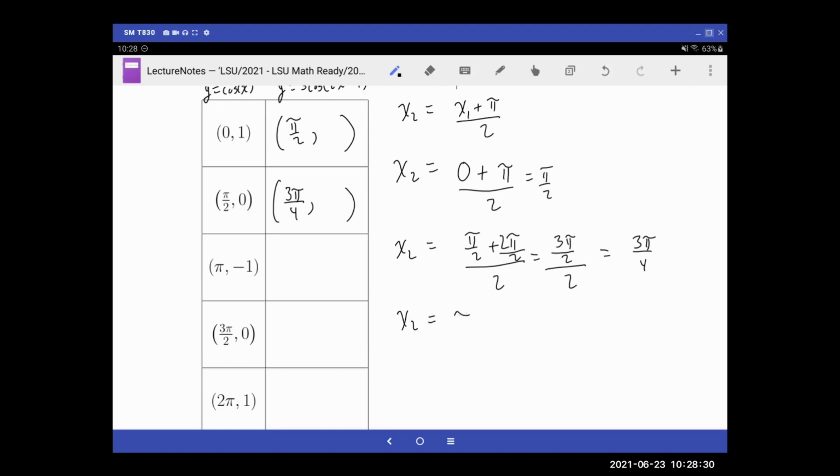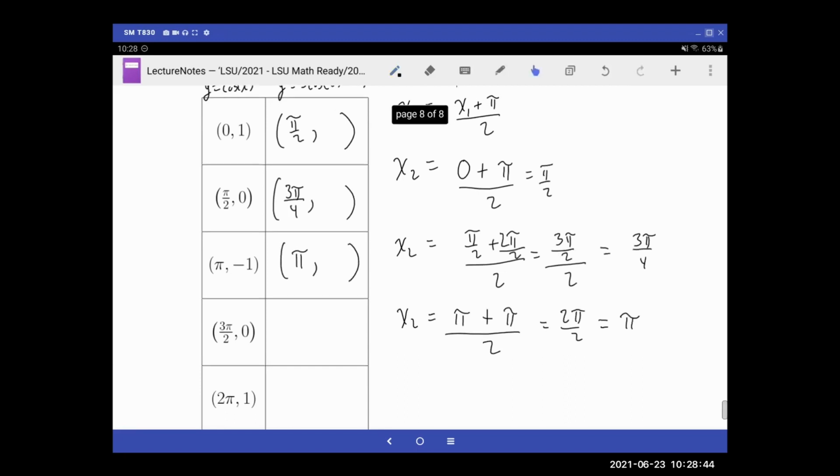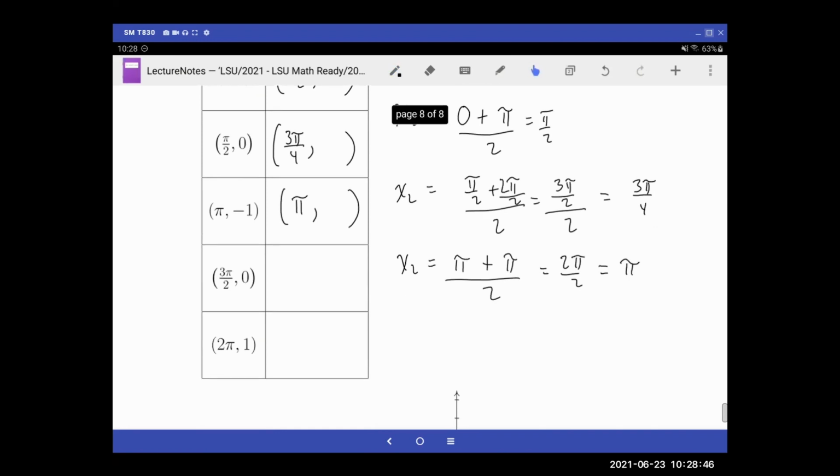Let's transform the next one, pi. That's going to be 2 pi over 2, which is just pi. So that one actually didn't transform at all. So that's going to be an x value point that's going to stay in the same position. Okay, x2 for 3 pi over 2 plus pi over 2. That's right, this says 2 pi over 2.